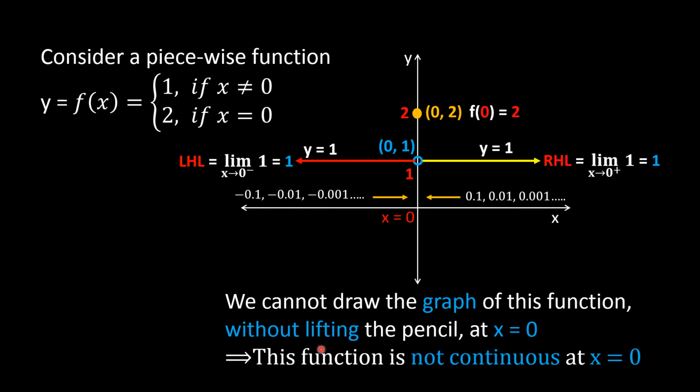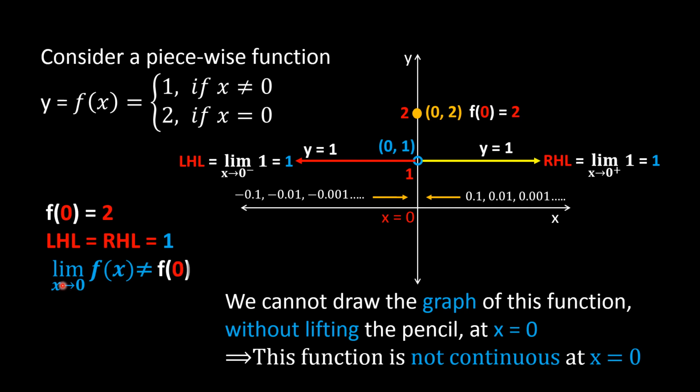Now, the important condition that we get is that f(0) equals 2, which means the value of the function at x equals 0 is 2. The left-hand limit is 1, the right-hand limit is 1, that is LHL equals RHL equals 1.